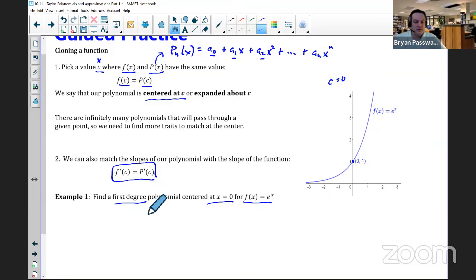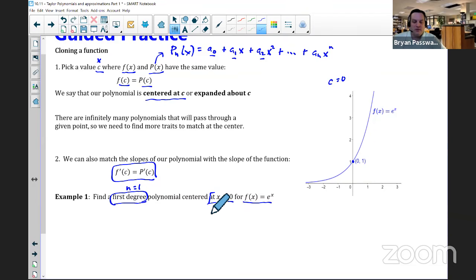The first one is the degree. This one is a first degree, meaning the n value is going to be 1. Remember, first degree means the highest power of x is going to be 1. If it was a second degree polynomial, we'd go all the way up to the x squared term, and third degree would be x to the third, on and on. So we need to know what degree it is, how many things we're matching up.